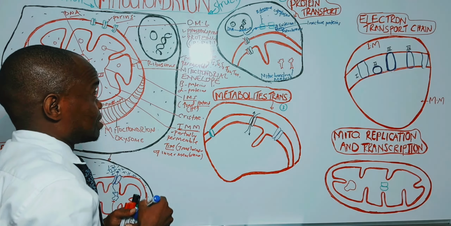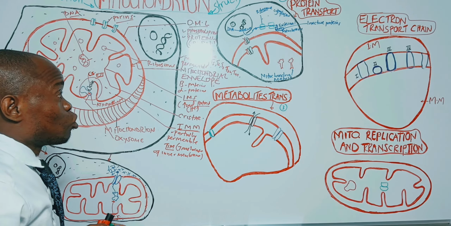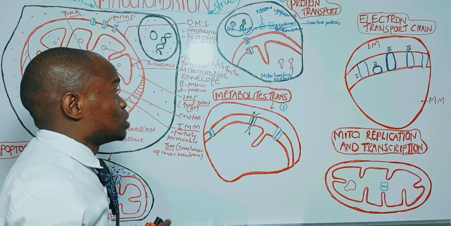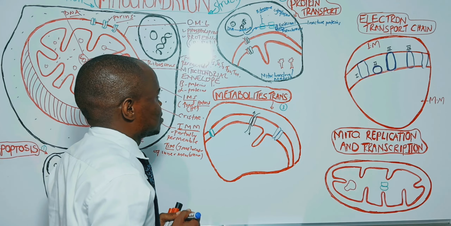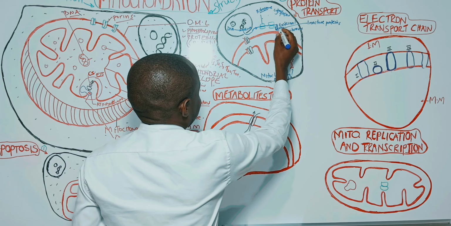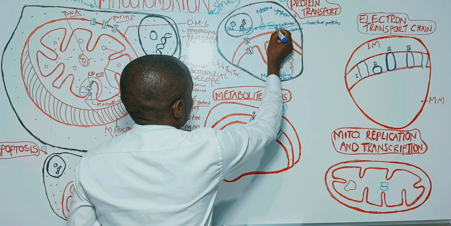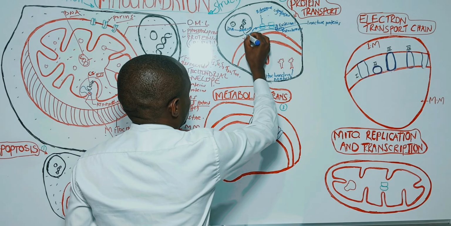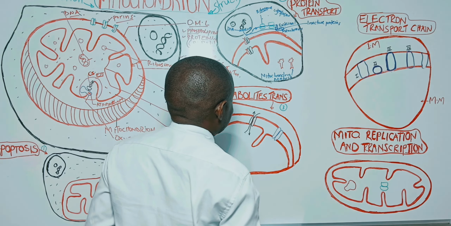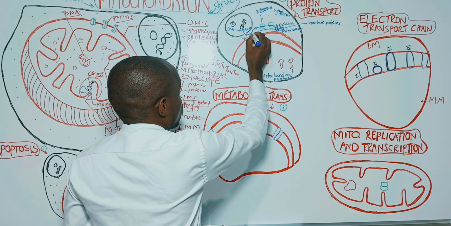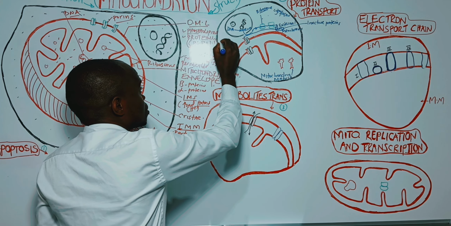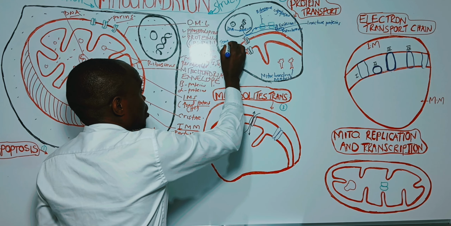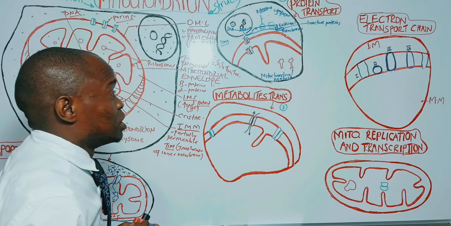So these inactive proteins are going to be moved into the mitochondria to be activated. You get? They move and pass through certain channels. Before passing there, they reach these receptors. These are called the TOMs, the translocases of the outer membrane.